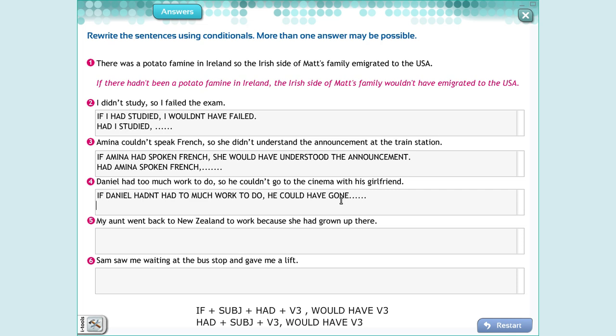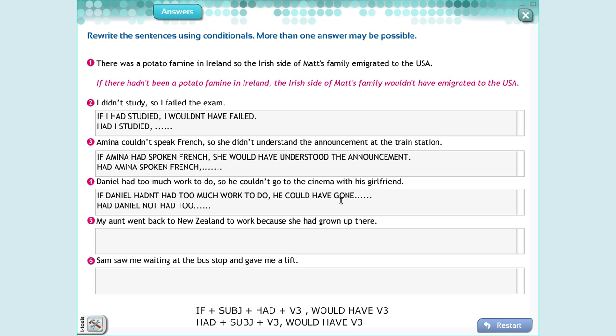If you prefer, you can omit the if. Had Daniel not had too much work to do, he could have gone to the cinema with his girlfriend.